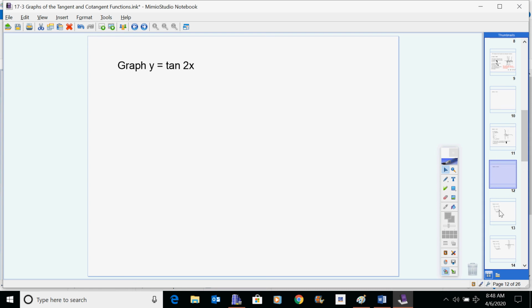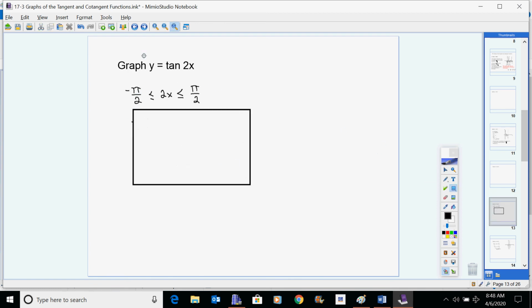So you start with putting whatever's here between the beginning and the end of a standard period. Here's the beginning of a standard period, here's the end, and whatever you're finding the tangent of has to go right smack dab in the middle.